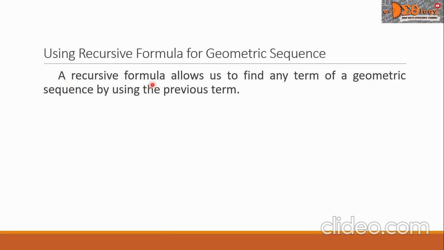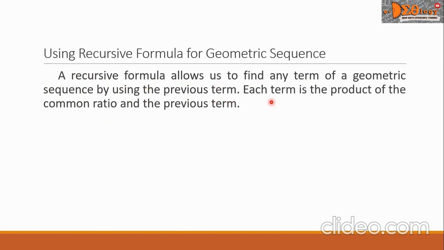A recursive formula allows us to find any term of a geometric sequence by using the previous term. Each term is the product of the common ratio and the previous term.